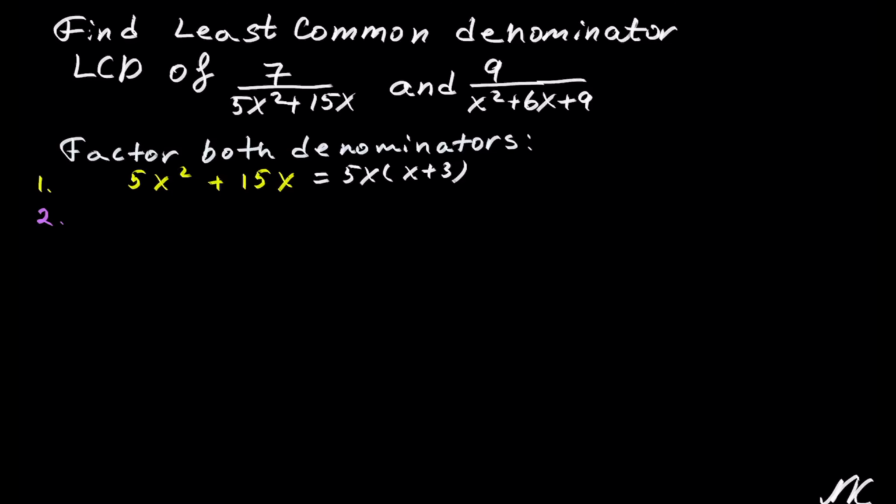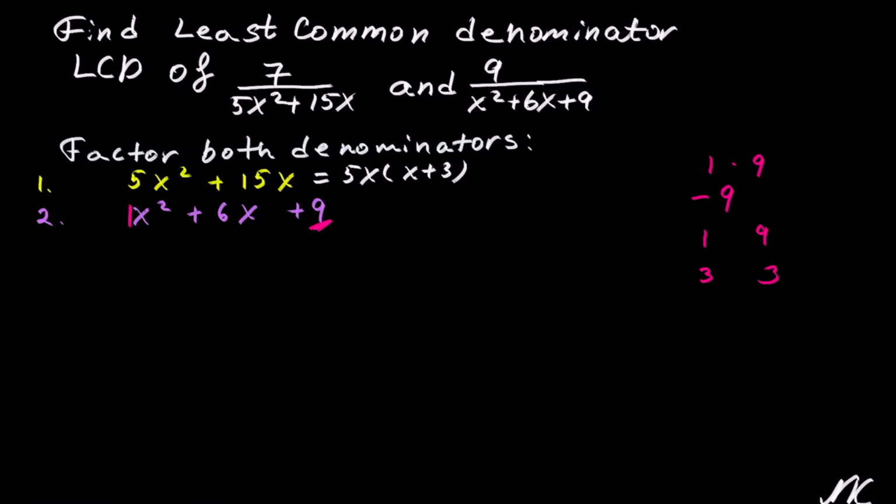Let's also factor the second denominator of x squared plus 6x plus 9. We begin by multiplying lead coefficient by the last number, so we have 1 times 9, and we get a product of 9. Now we list all of the factor pairs of 9. We have 1, 9, and 3 times 3 will give us 9 as well.